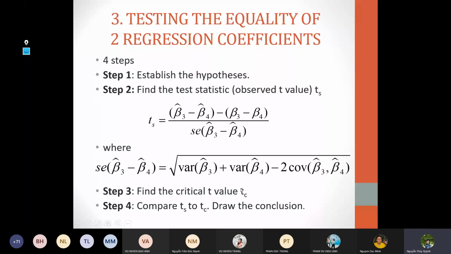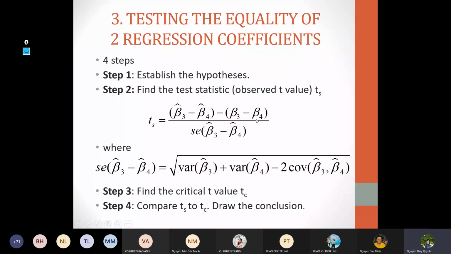In order to test it, we still have to follow 4 steps. Step 1, we want to establish the hypothesis. Step 2, we want to find the test statistic, where we have the standard error of beta 3 hat minus beta 4 hat.